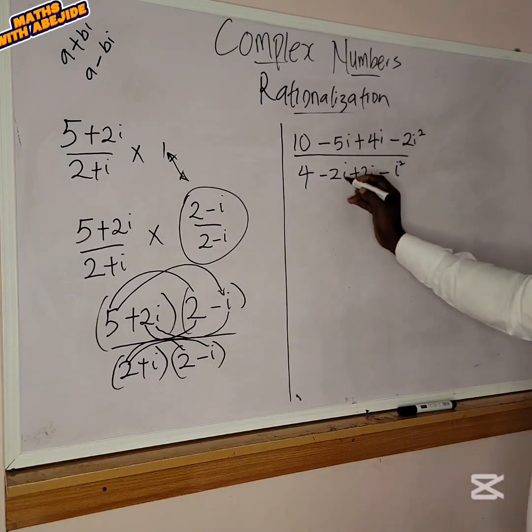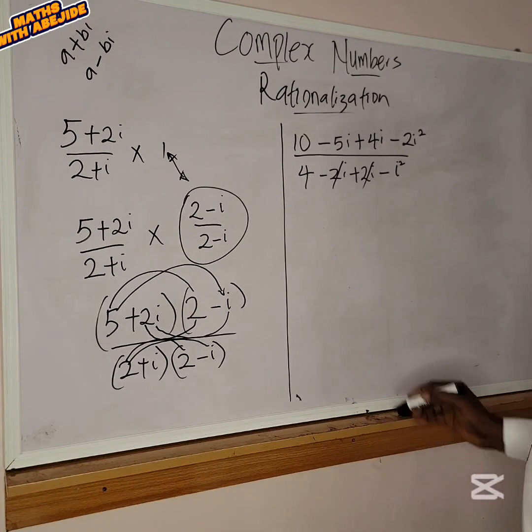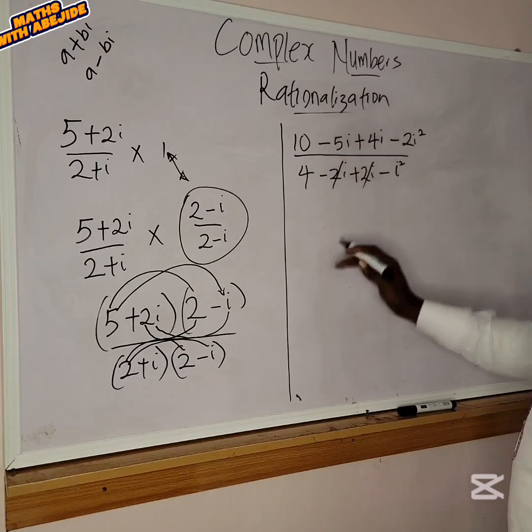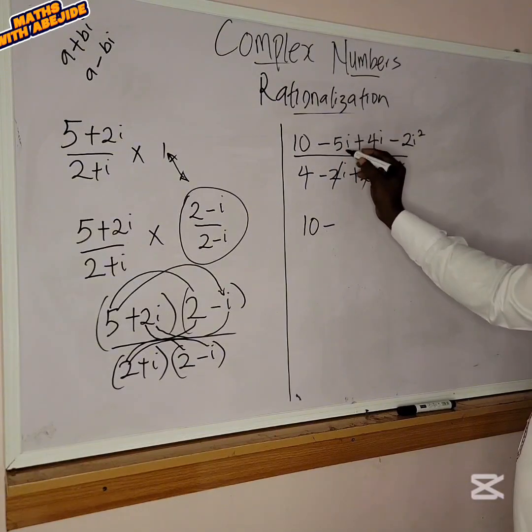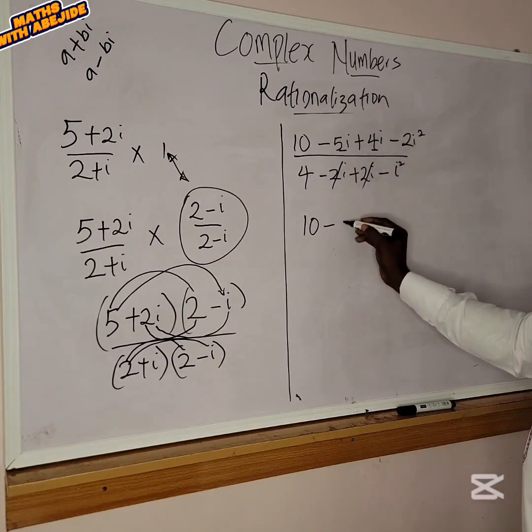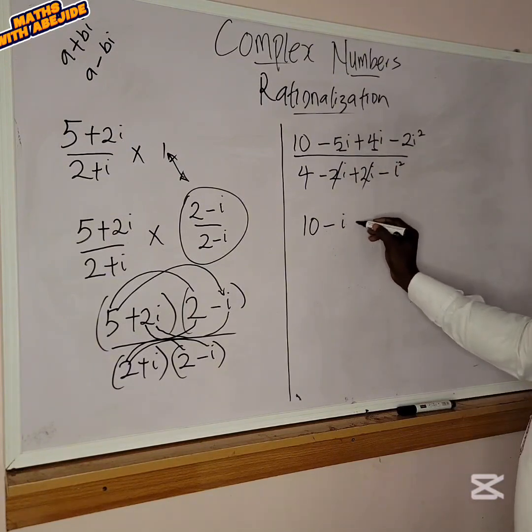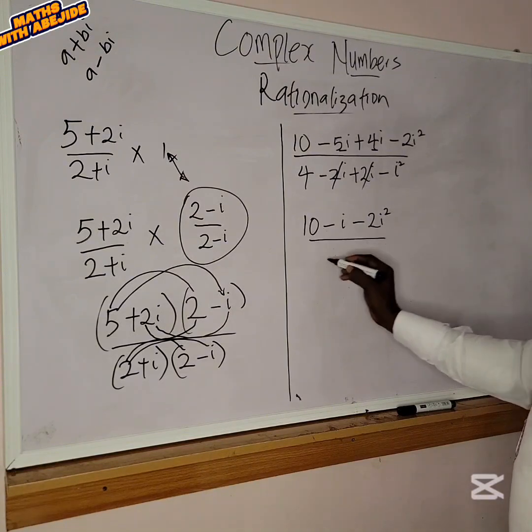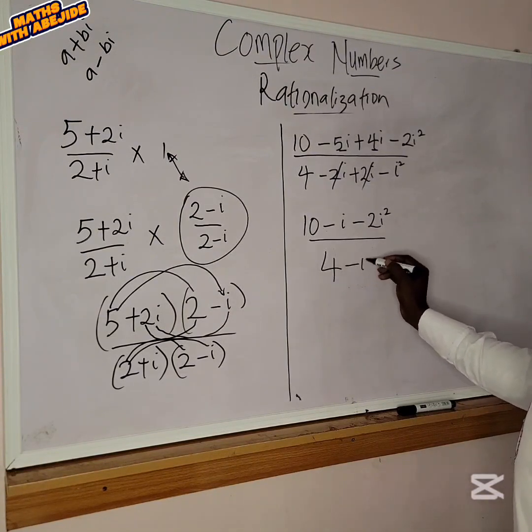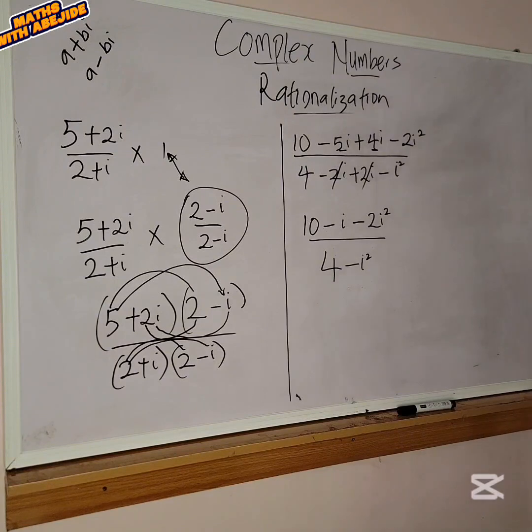Obviously, this can cancel this. Then when we simplify this, we can have 10 minus, from this and this, we have just i, then minus 2i squared, all divided by 4 minus i squared.